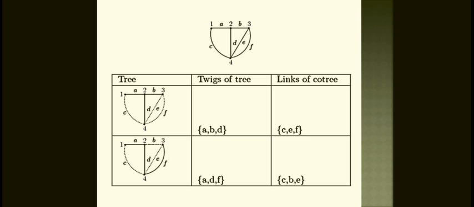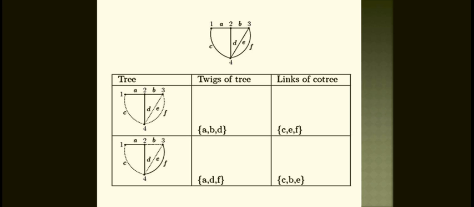Similarly, you can draw another tree using the given graph. Here 1, 2, 4, 3 is the tree, with 3 branches and 3 links.